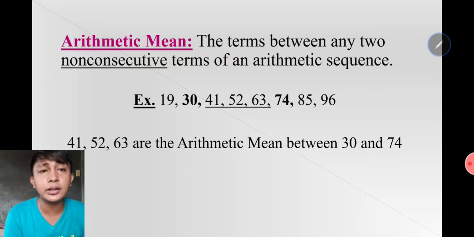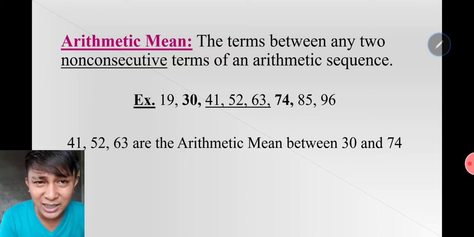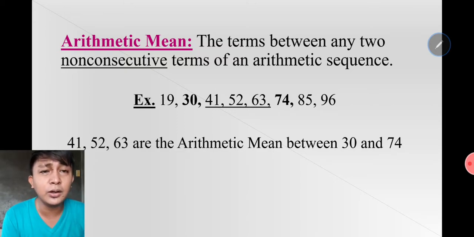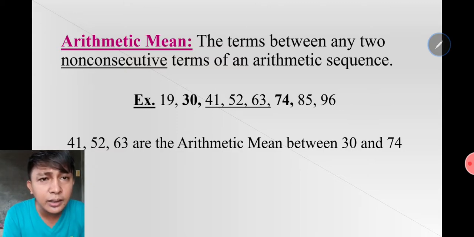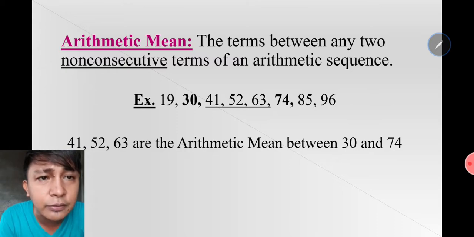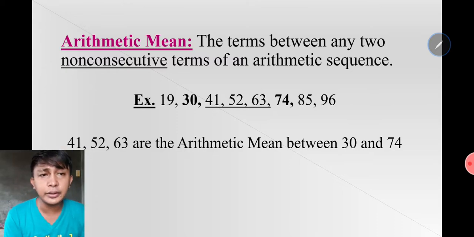It's very important to determine if this set of numbers is an arithmetic sequence. Highlighted there are 30 and 74. Between 30 and 74, 30 and 74 are non-consecutive terms. Ibig sabihin hindi sila magkasunod na number.